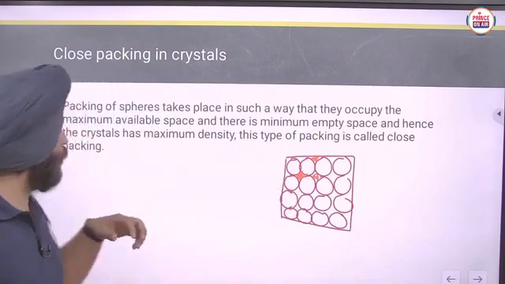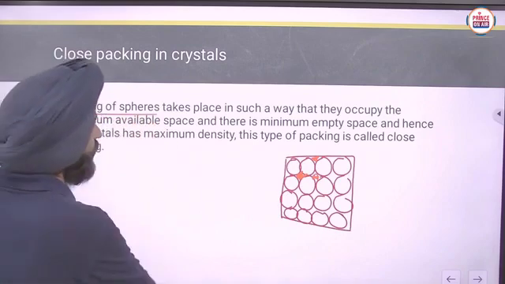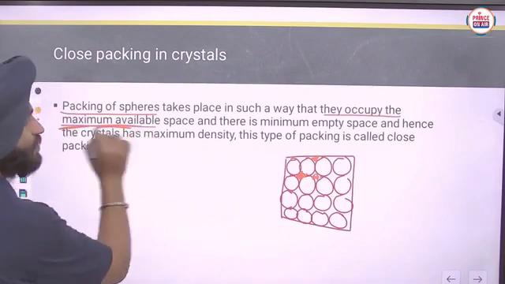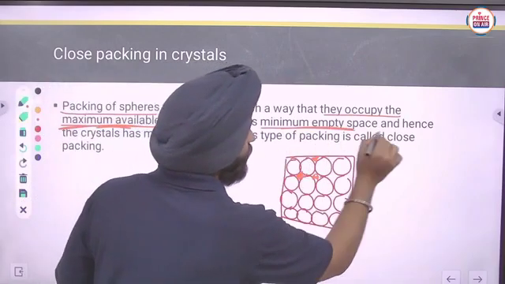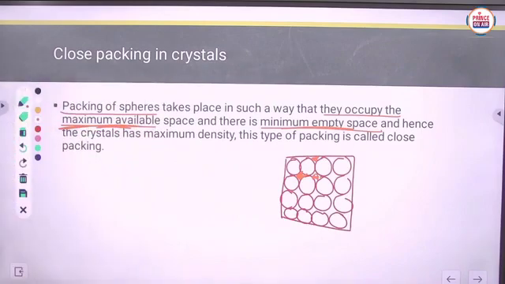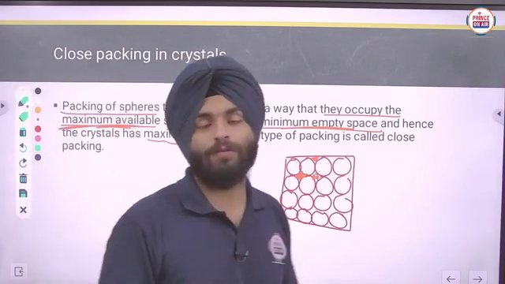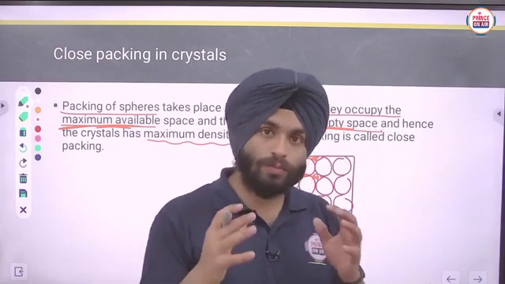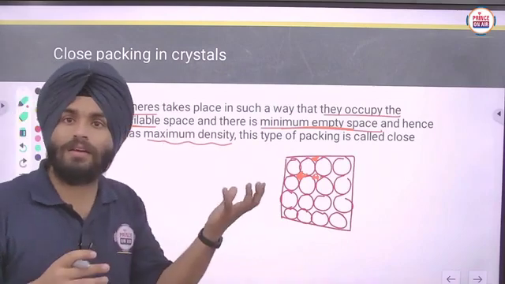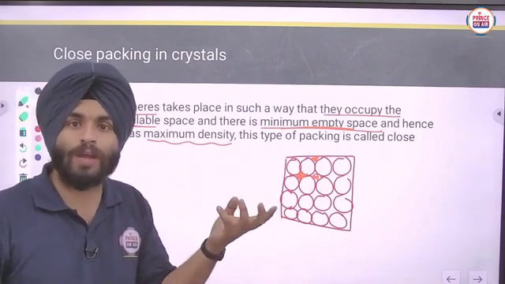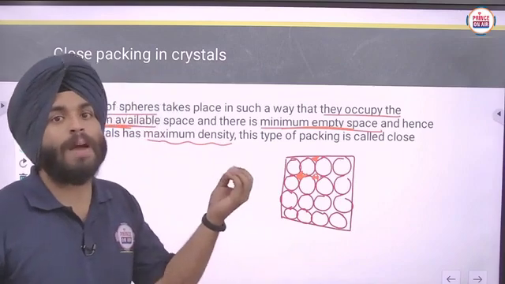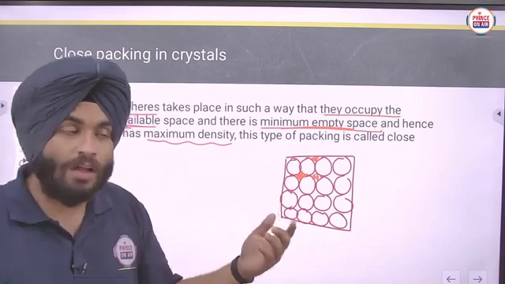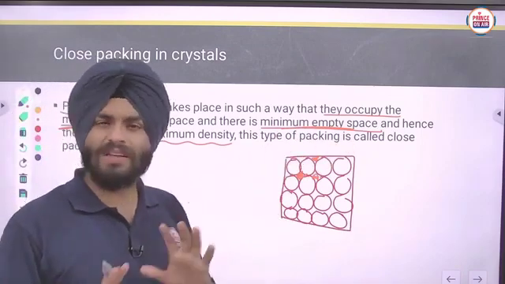So the packing of spheres takes place in such a way that they occupy the maximum available space and there is minimum empty space. Hence the crystal has maximum density, and this type of packing is known as close packing. In simple language, if the particles occupy maximum space and minimum empty space is there, the density of the crystal will be higher.